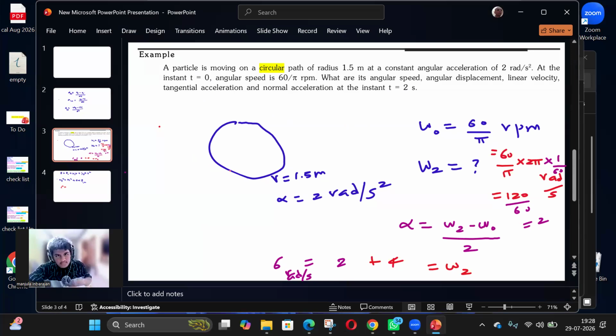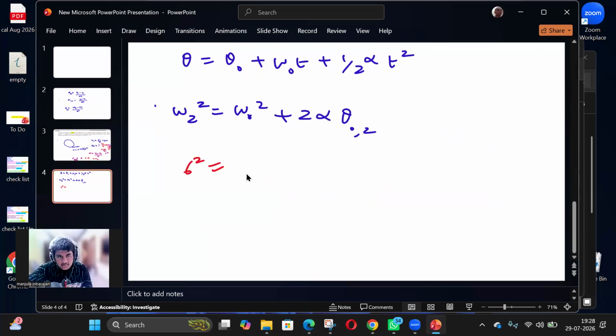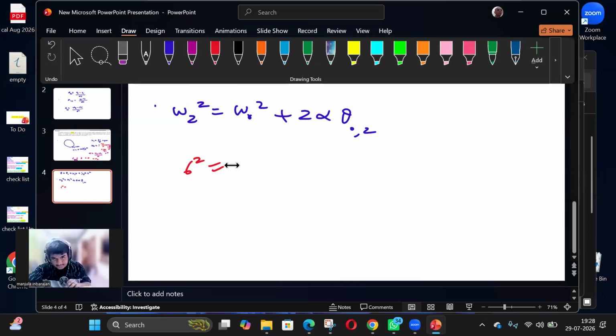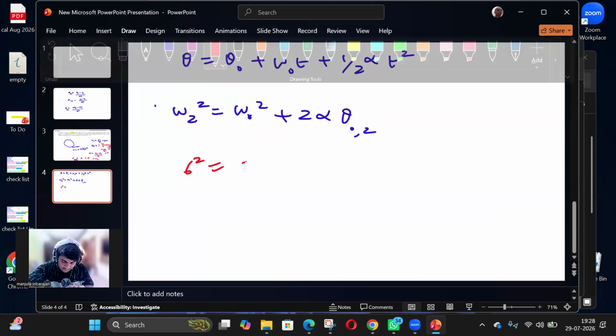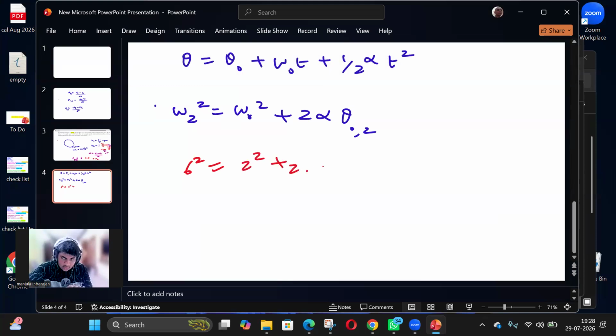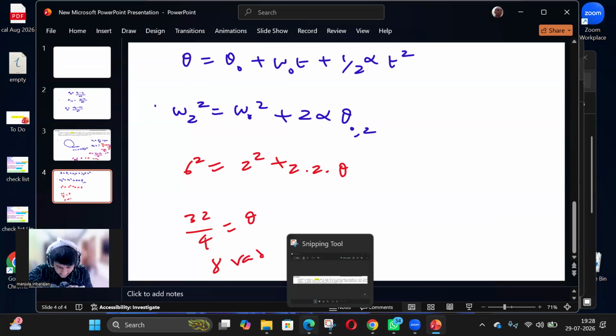Omega 1 is 2 rad per second, alpha is 2 rad per second square. Thirty six minus 4, 32 by 4, so theta is 8 radians.